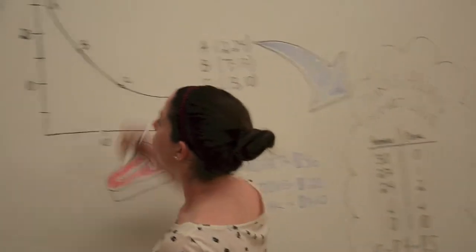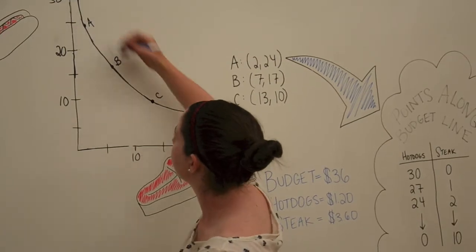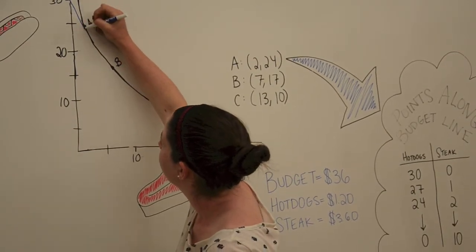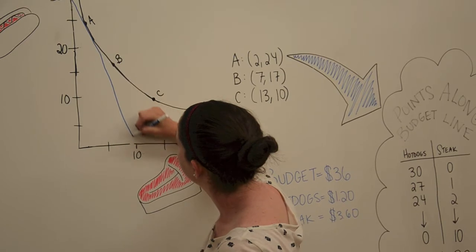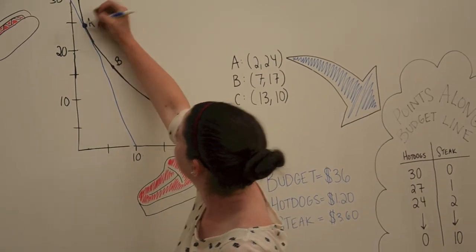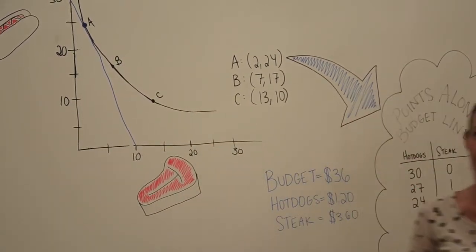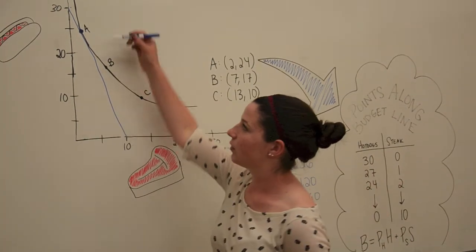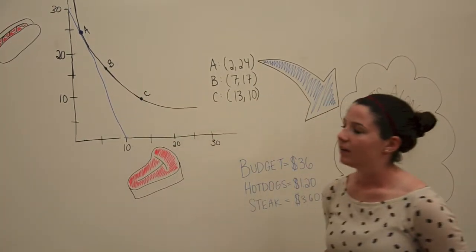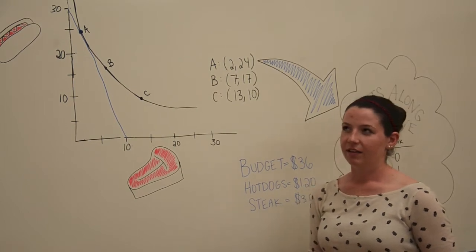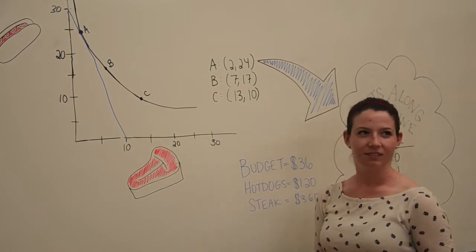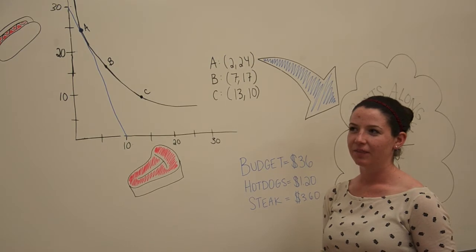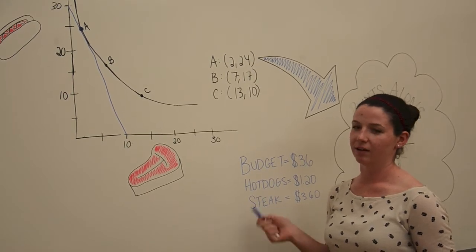So when we draw in our budget line from 30 to 10, it perfectly goes along and hits, and therefore this is the maximization of our utility. So therefore this point at A is the maximization of utility at the given budget at the specific prices.